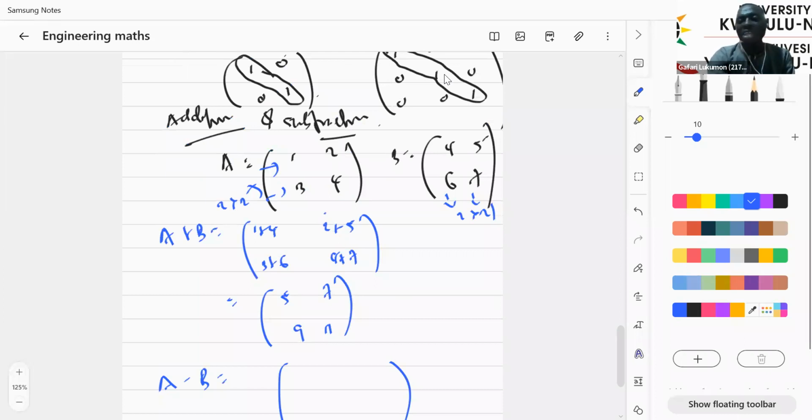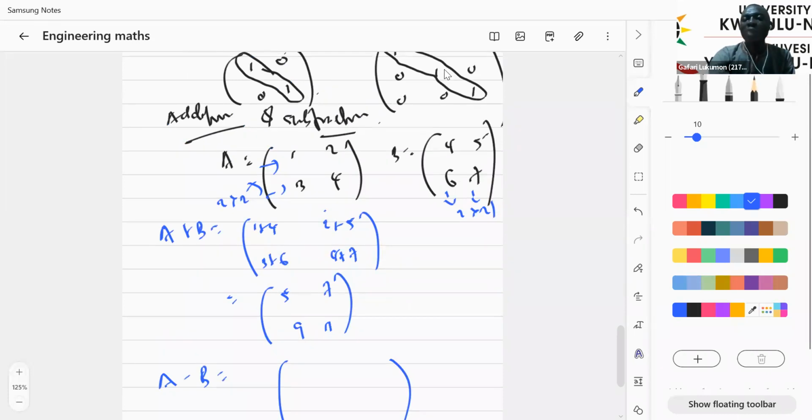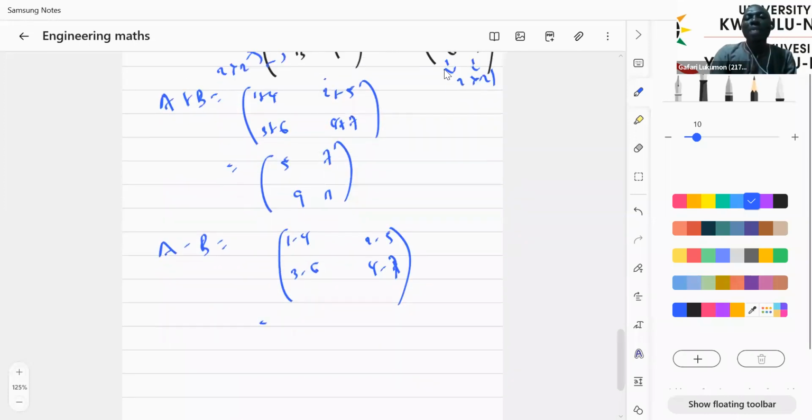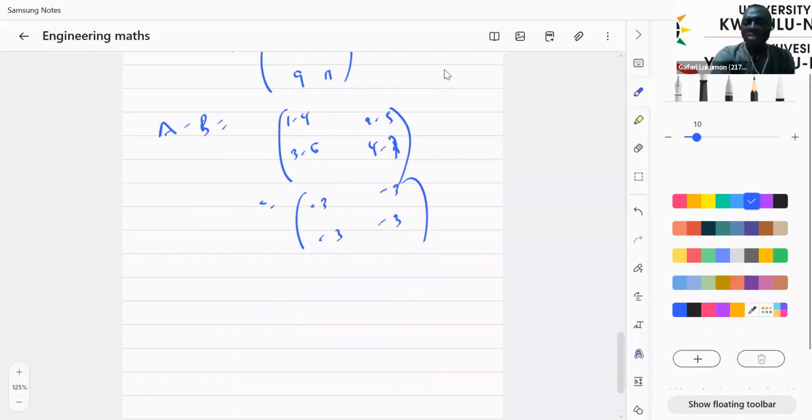Then if you subtract them together, I'm going to have 1 minus 4, that is row 1, column 1 of the first matrix minus row 1, column 1 of the second matrix. This is going to give me 1 minus 4, 2 minus 5, 3 minus 6, 4 minus 7. And if you check it very well, then I'm going to have what? Minus 3, minus 3, minus 3, minus 3. I hope that helps. So if that is clear, you know how to add and subtract matrices together.